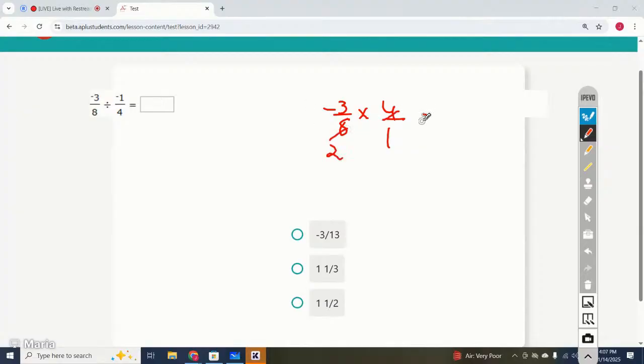So 4 times 1 is 4, 4 times 2 is 8, that is negative 3 by 2. When we divide, it is 1 whole 1 by 3. Option number 2 is the correct option, 1 whole 1 by 3 it is.